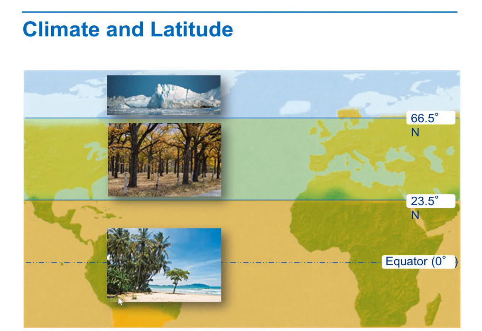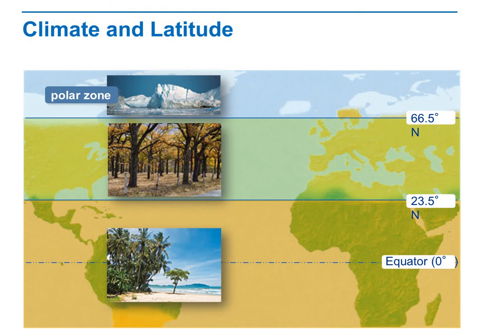We can say the forest has a lot of precipitation, heavy rains along the year, and when you move up, it will be drier, like here. We are here at 23.5 degrees, and here also there is a degree.